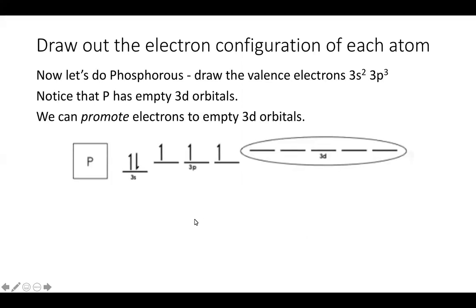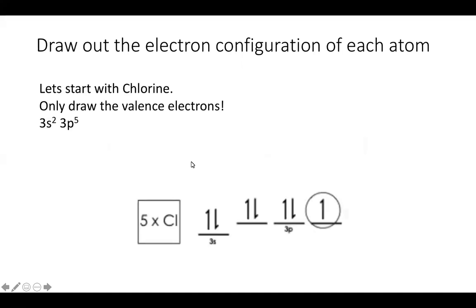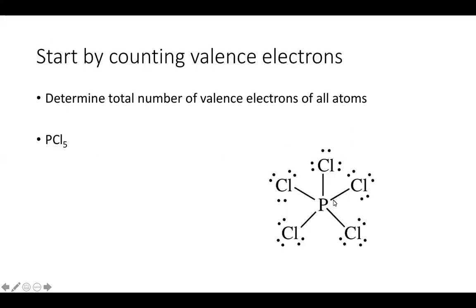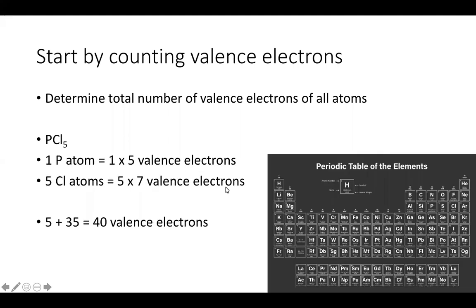Now, if we have a look at phosphorus and we draw out the valence electrons in the electron configuration diagram, we can see it has 3s2, 3p3, and we have 3 unpaired electrons. So we might expect to have 3 covalent bonds. However, as you can see in the diagram, we actually end up with 5. So why does this happen?